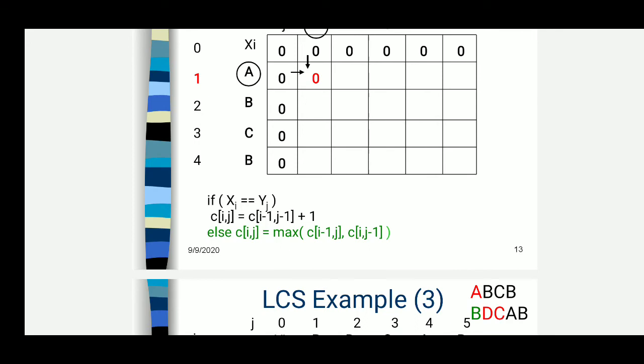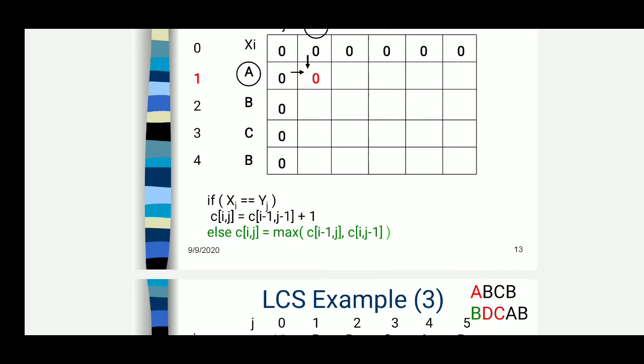So whenever the condition xi is equal to yj is false, we go into the else part and find Cij is equal to max of C(i minus 1, j) and C(i, j minus 1).